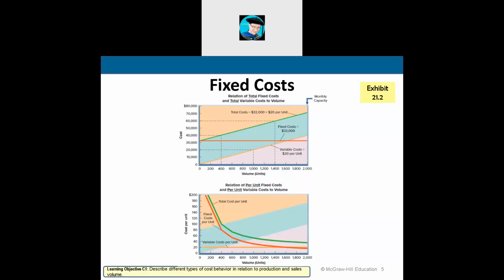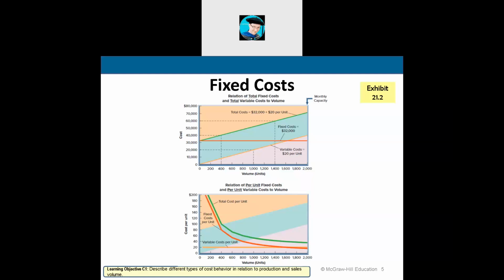Now, here's the thing. We know that our variable costs change with the level of output. However, the total cost of manufacturing a product doesn't really change. Now, let me explain it. Take a look at this top chart here. When I mean totality, I want you to think about fixed plus variable costs, total cost.